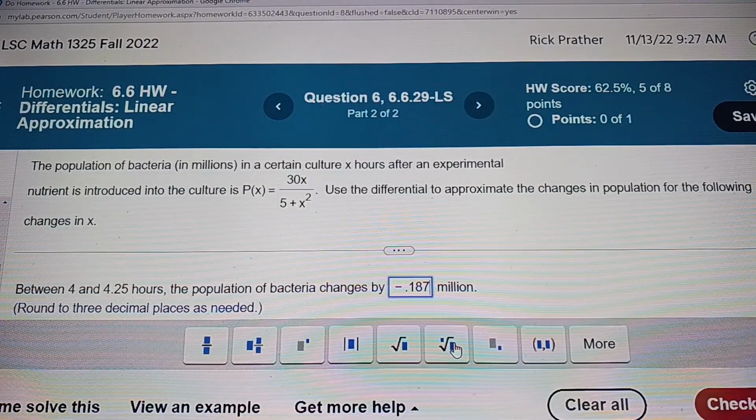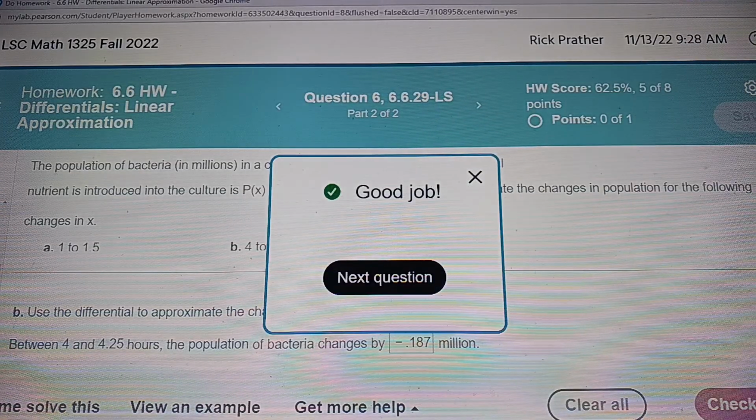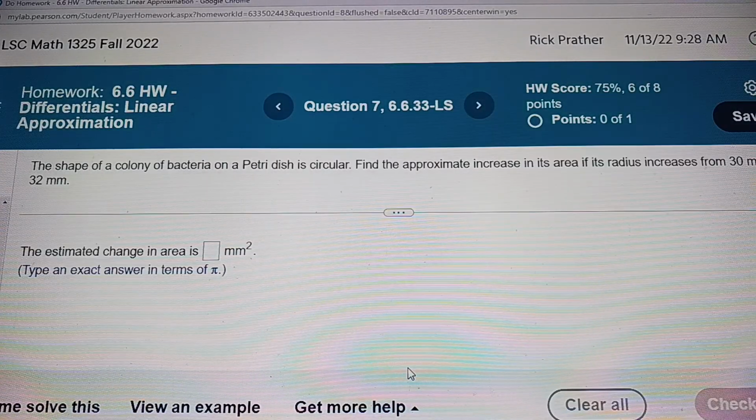So it's about 200,000, a little less than 200,000, rounded to 3 decimal places. So the population decreased by almost 200,000 for some reason. And if you have a rational function, it could be going up at some point and down at another point. So that was the only weird thing, how did the population start decreasing suddenly? But maybe there's so many bacteria they start fighting with each other and killing each other off or something. But yeah, it starts going down after a while.